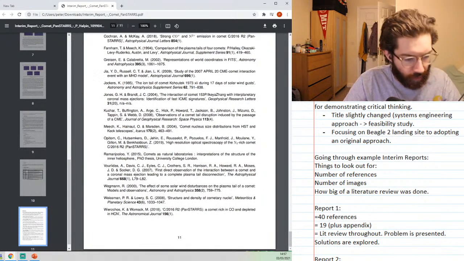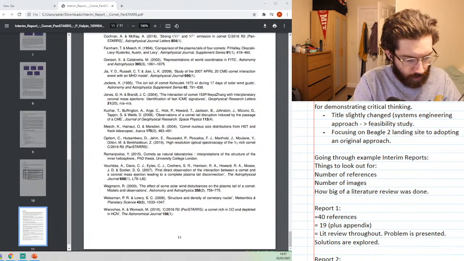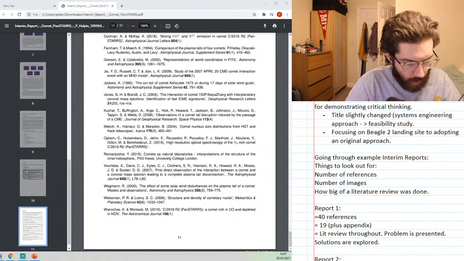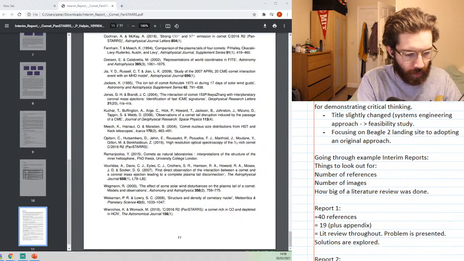Okay, 16 references here. So we have 4 images, and the lit review is very small, like very small. About a page.